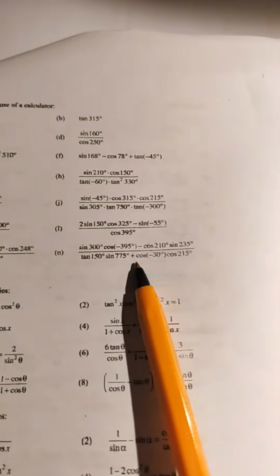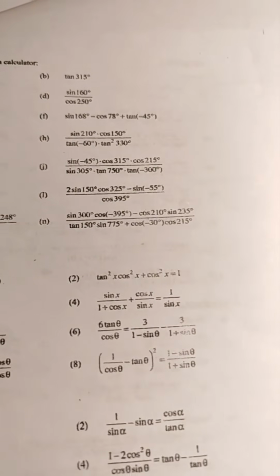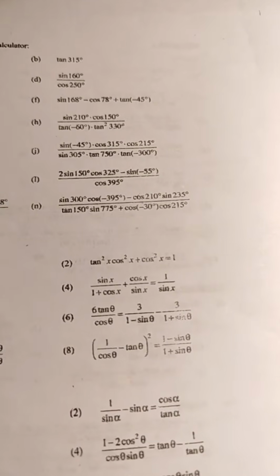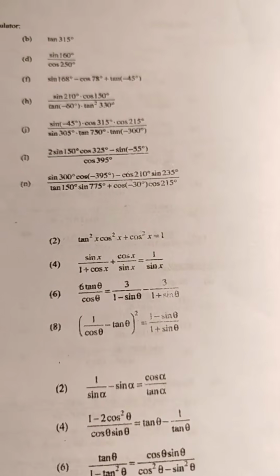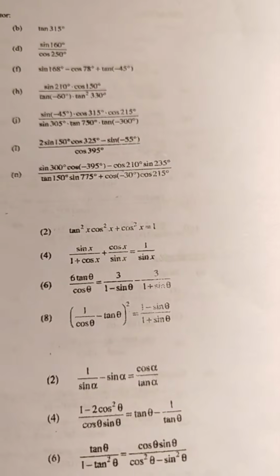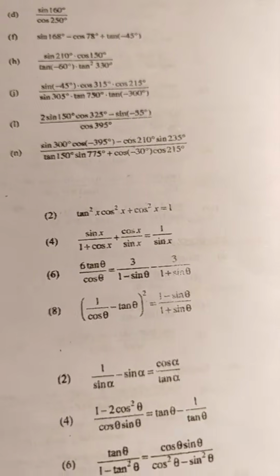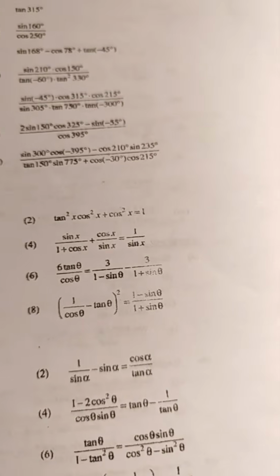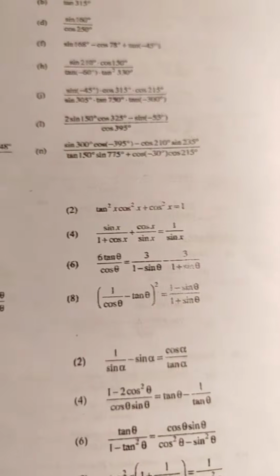So let's come here. That's sine of 300 degrees times the cos of negative 395 degrees minus cos of 210 degrees times the sine of 235 degrees, all over tan of 150 degrees times sine of 775 degrees plus cos of negative 30 degrees times the cos of 250 degrees.